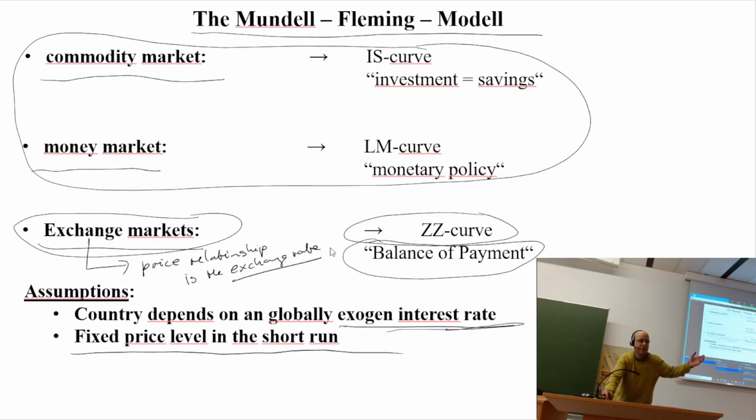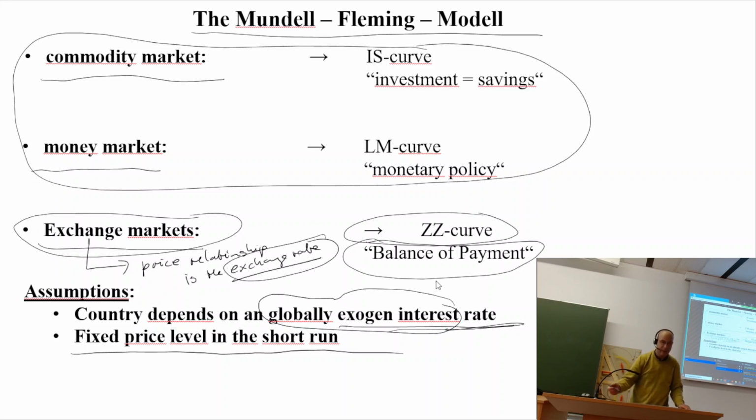And of course, if abroad the interest rates are higher, then it is more attractive for us to buy assets abroad. So we have then two new variables, the exchange rate and, so to speak, the global interest rate, or in general the interest rate abroad.